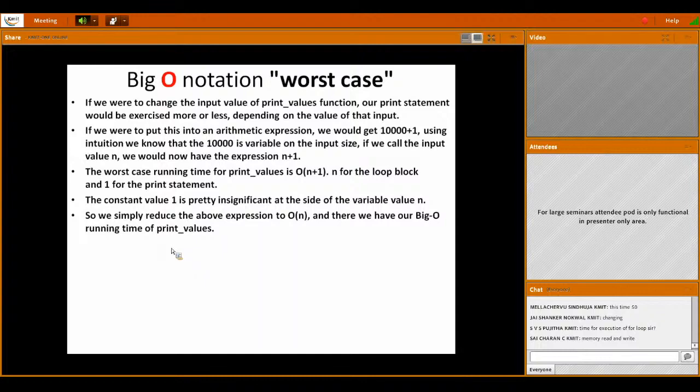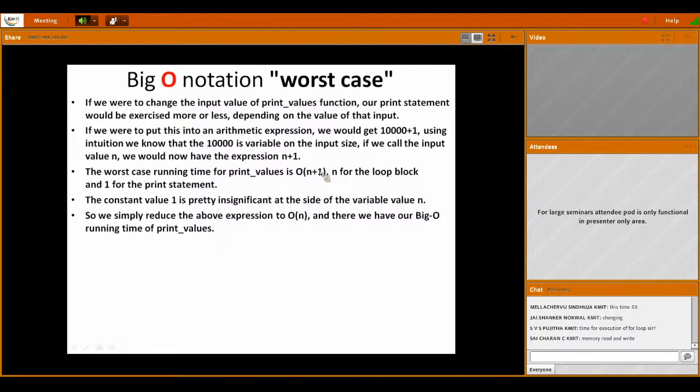So what we are trying to do is, firstly, write an algorithm. That is the basic part. Then we refine our algorithm. And thirdly, we convert our algorithm into a mathematical model, right? This mathematical model, as you are seeing over here, is n plus 1: n for the number of iterations, 1 for printing.